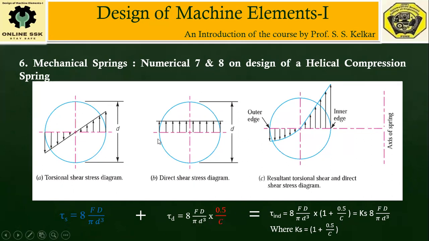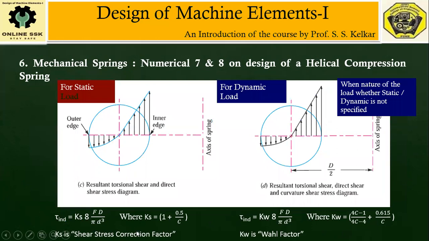There will be direct shear of the spring wire, that will be expressed in the form of 8 times FD upon pi d cube multiplied by 0.5 upon C. And the superimposition of these two stresses, torsional shear plus direct shear, will indicate the total resultant shear stress induced inside the spring wire, given by 8 times FD upon pi d cube into bracket 1 plus 0.5 upon C, where 1 plus 0.5 upon C is termed as a constant Ks, called the shear stress correction factor.